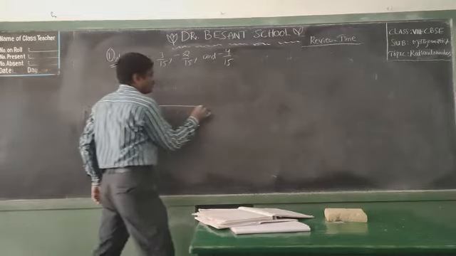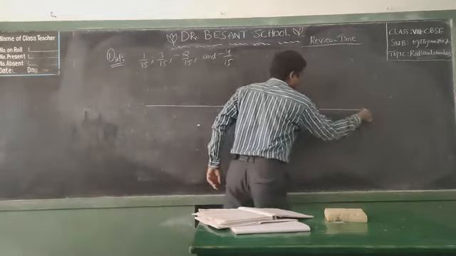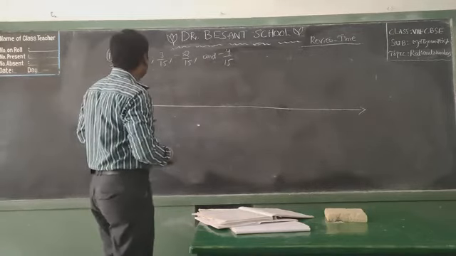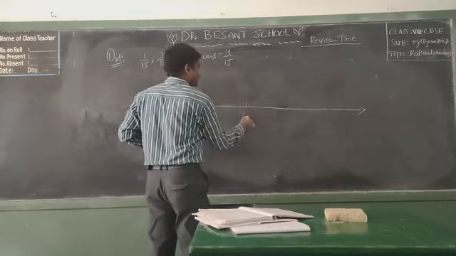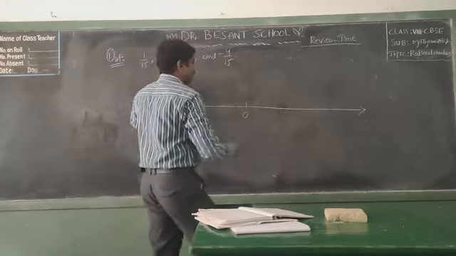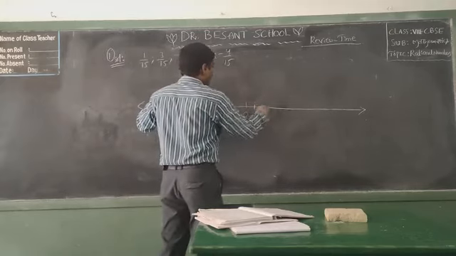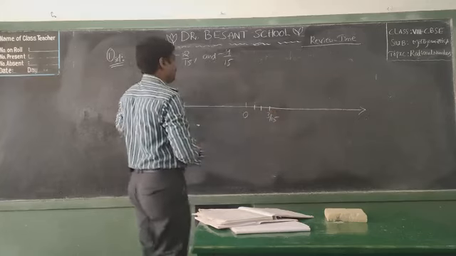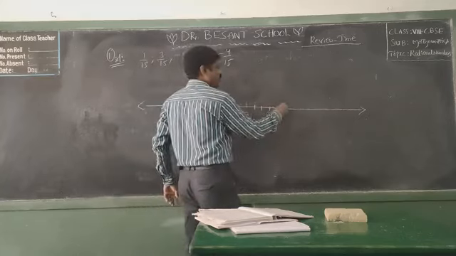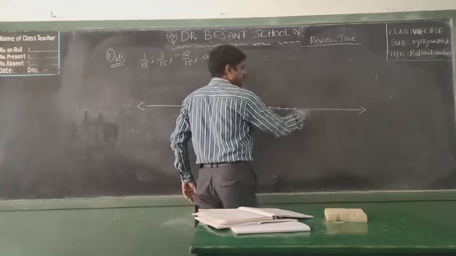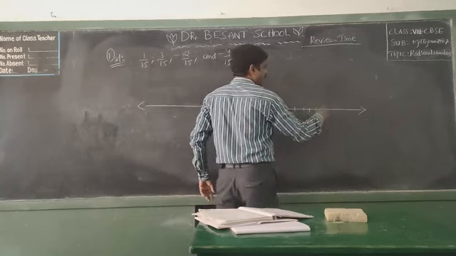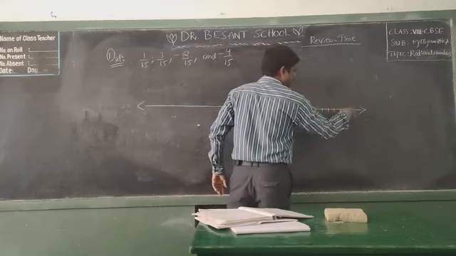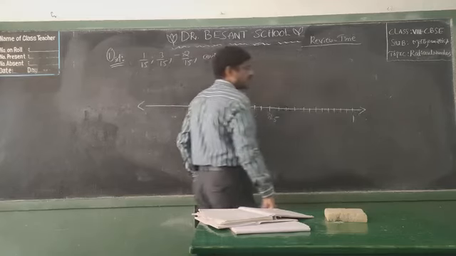Just we have to draw one straight line. Okay, next this is 0, 1 by 15, 2 by 15, 3 by 15, 4 by 15, 5 by 15, and so on up to 15 by 15, that is equal to 1.